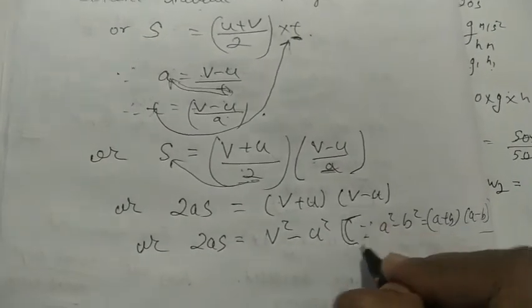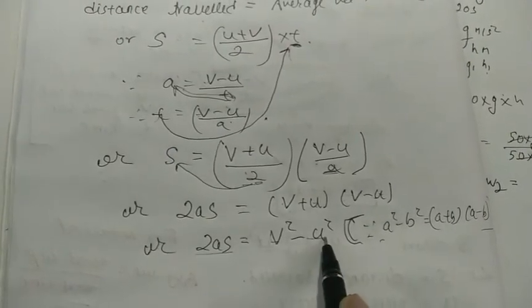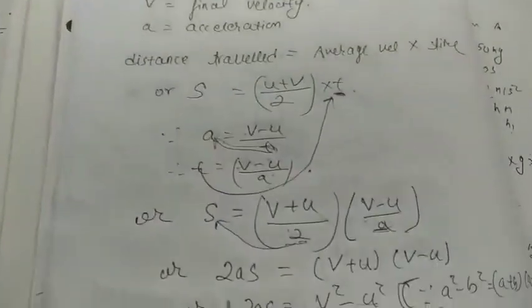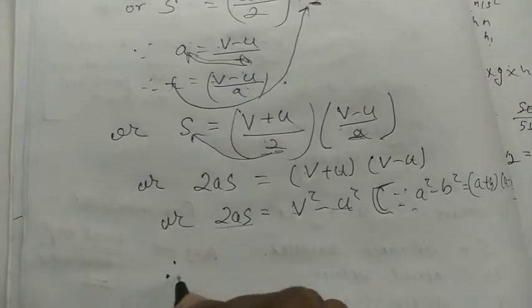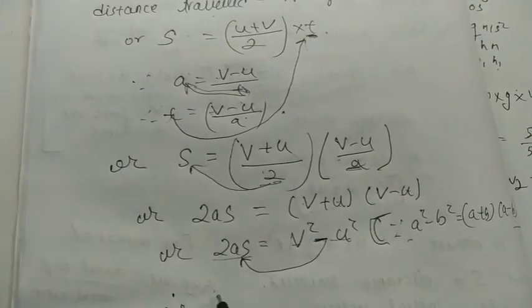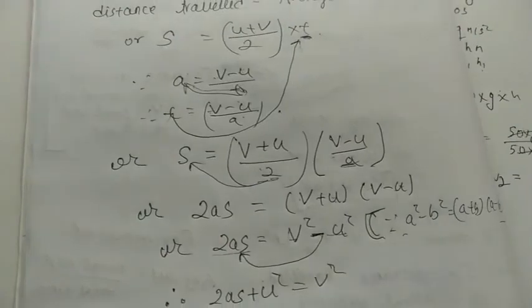Alright, so let's keep it simple out here. 2as equals v square minus u square, but we want v square on one side, therefore this minus, when it goes this side, it will become plus. 2as plus u square equals v square.